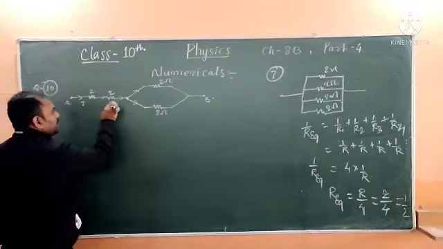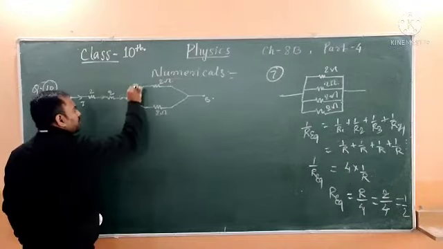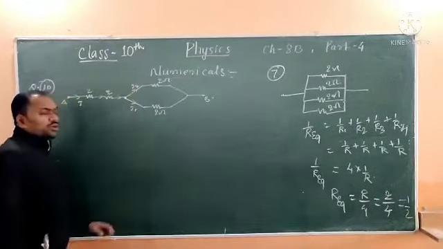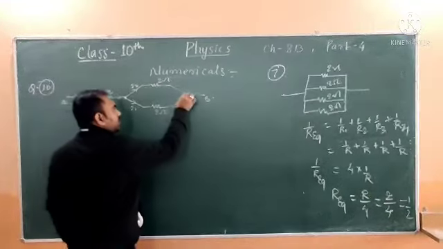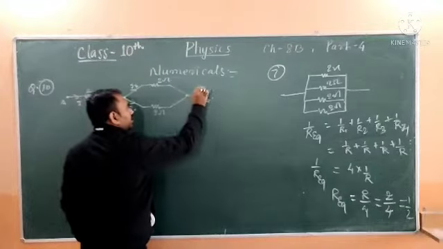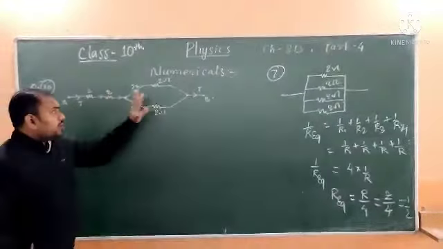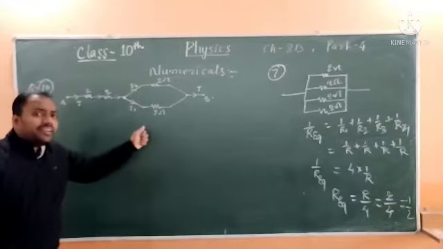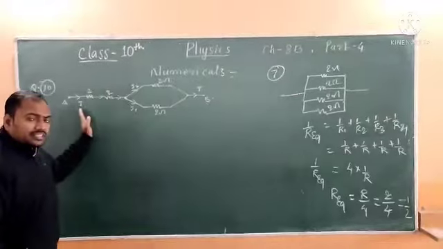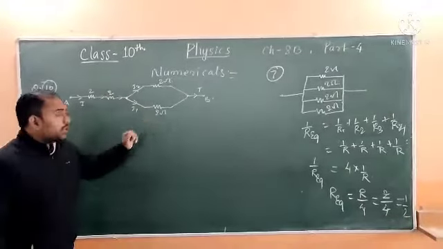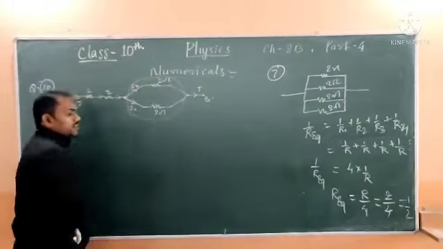So these 2 resistors are in parallel and then both are joining and giving I. So this is the flow of current. That's how we can identify where the circuit is in series and where it is in parallel. So this part of the circuit is in parallel.